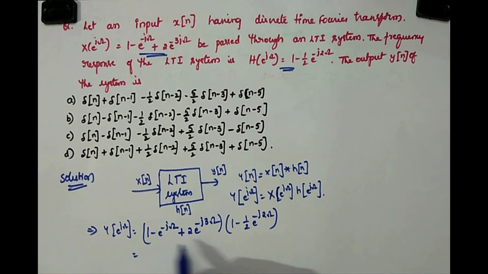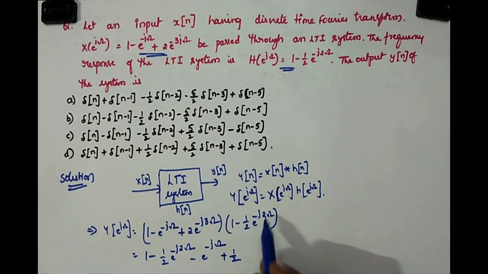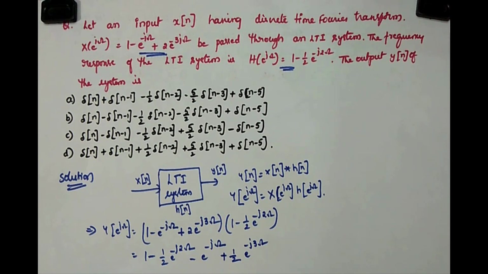If you multiply these two: for the first term, 1 − (1/2)e^{−j2ω}. For the second term, the first part is −e^{−jω}, and the second part is minus minus plus half, e^{−jω} into e^{−j2ω}, so it will be e^{−j3ω}.